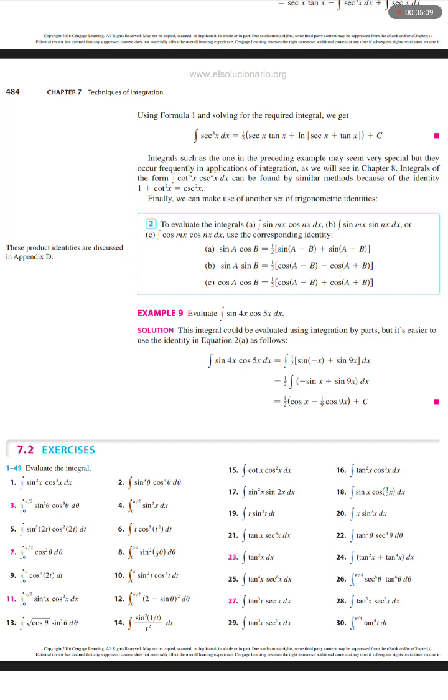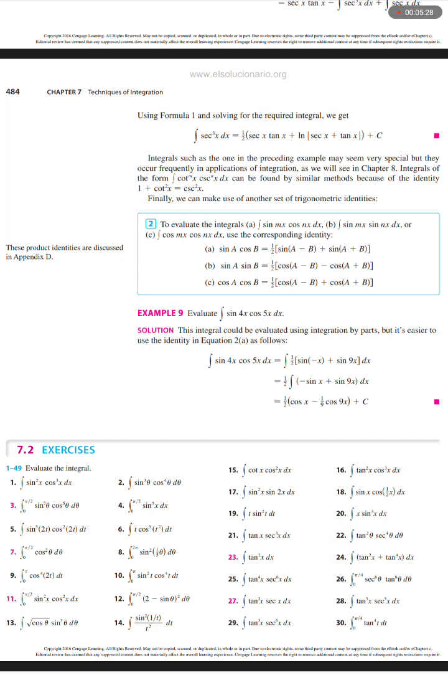Use the corresponding identity. Part A, sine A cosine B equals 1/2 [sine(A minus B) plus sine(A plus B)].